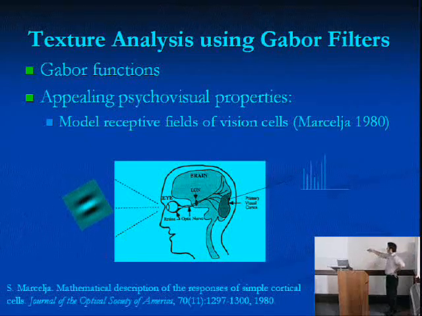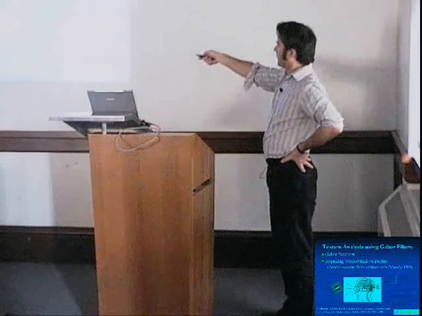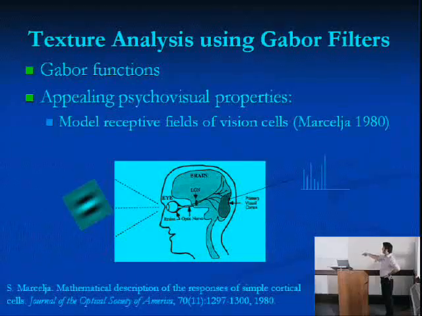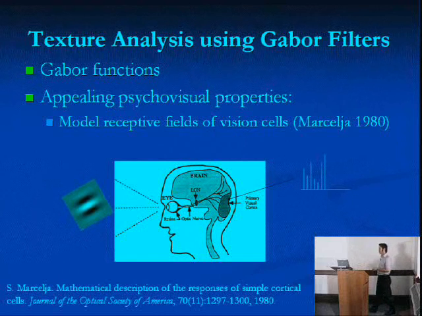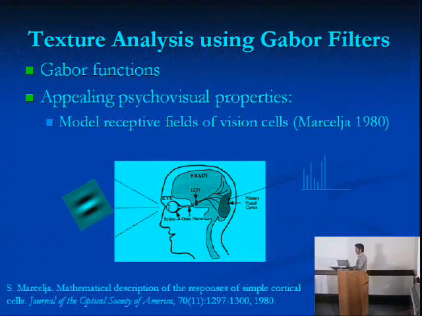Specifically, it's been shown that in the primary visual cortex there are individual cells which are tuned to these Gabor-like patterns. Presented with a particular Gabor-like pattern of particular coarseness and direction, one of these cells will be selective to that. So you might argue that the reason this approach to analyzing texture agrees with how we perceive textures as being similar might have its basis in something like that.